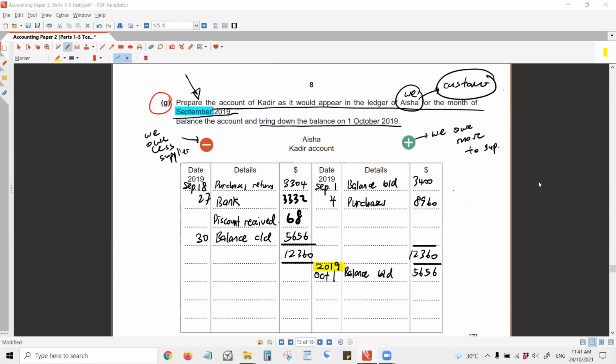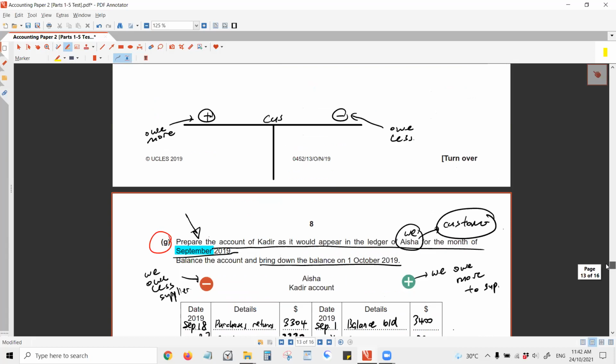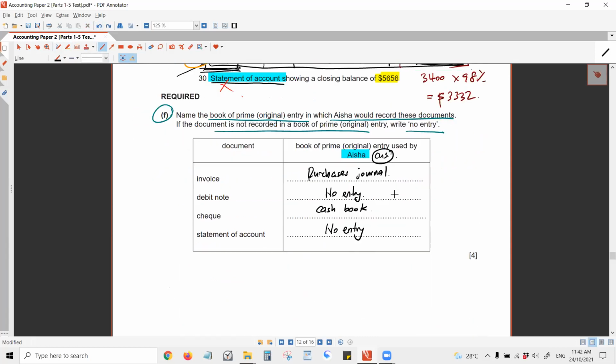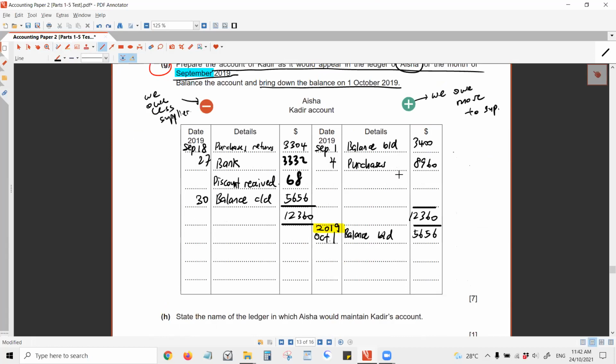Oh, it's stated in the statement of account. Is it 5656? Oh yeah, correct, 5656 is written here. That means you have done it correctly. Even if they don't show you this 5656, it's also all right, but here the question is quite kind. You get to check your answer.